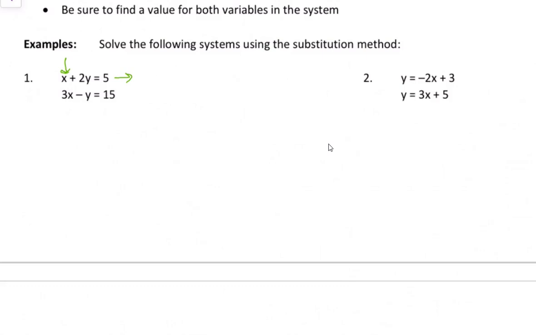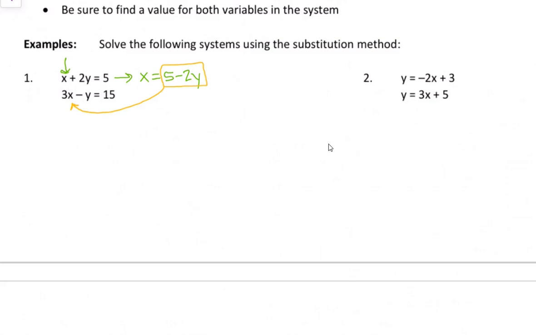So that changes this equation into x equals 5 minus 2y. And now's where the substitution comes in. So what I'm going to do is substitute what this x is equal to. That algebraic expression is going to get substituted into the x in the other equation.